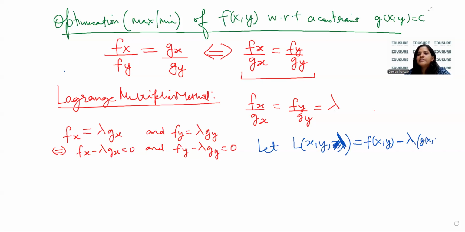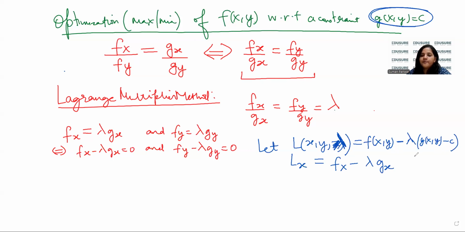We have this thing. Now, we can see that when we partially differentiate L with respect to x, we will have fx minus lambda times gx, because c is a constant, so its derivative is going to be 0. Similarly, we will have Ly equals fy minus lambda times gy.